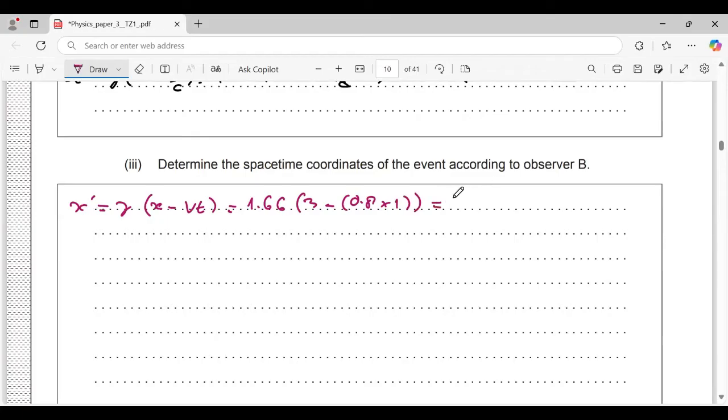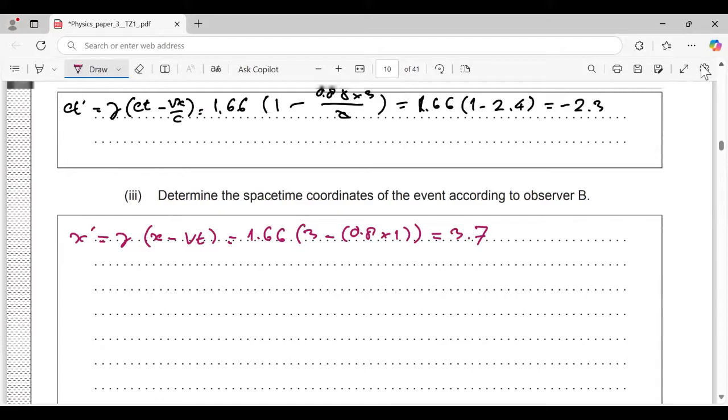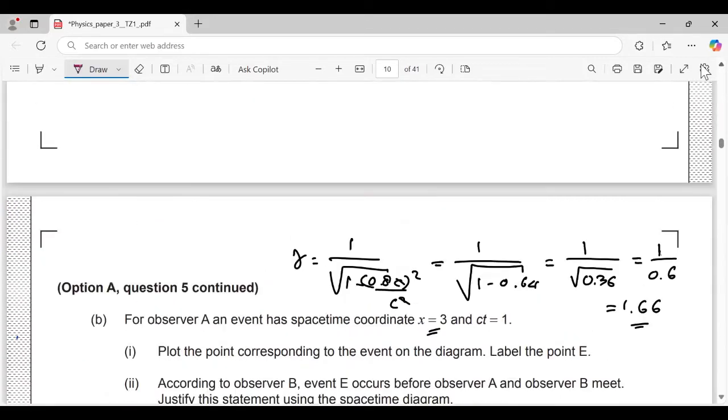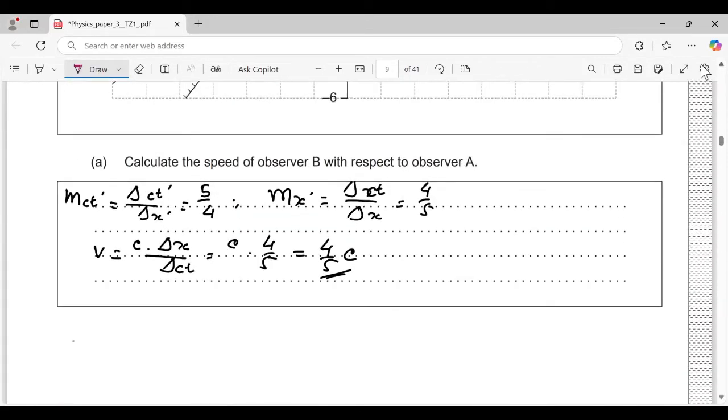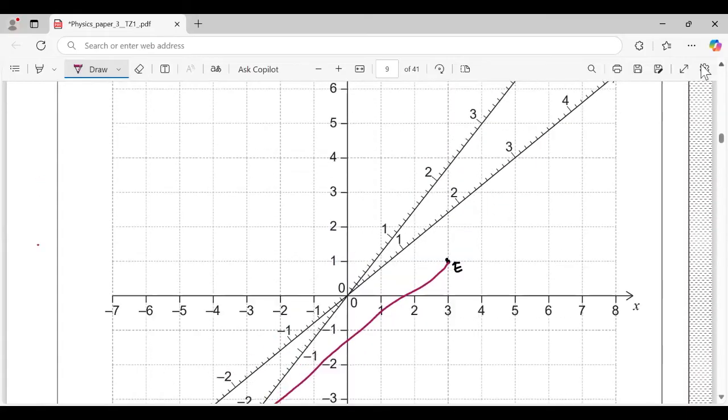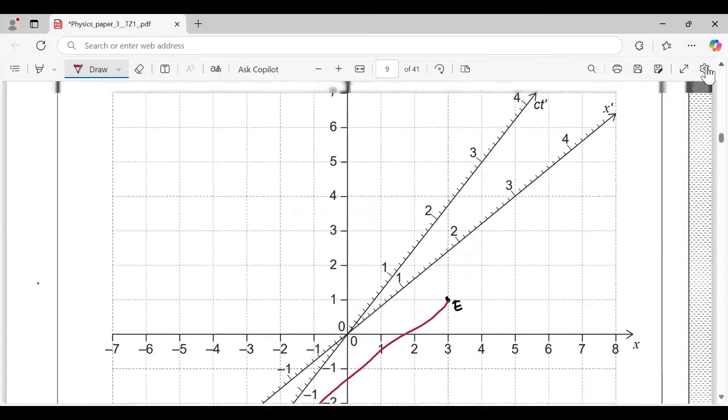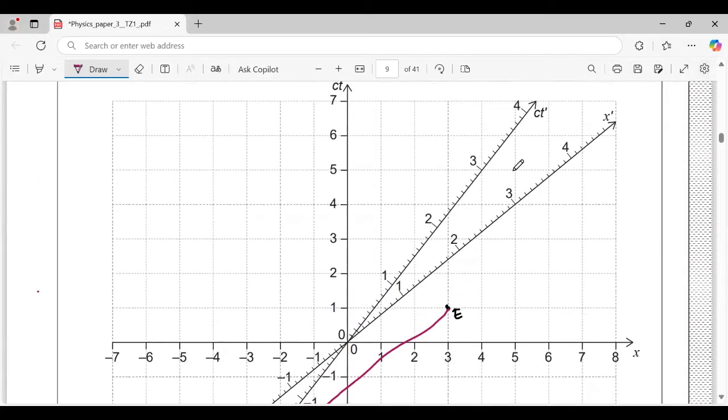And if you calculate, the result is 3.7. 3.7 on the x' axis, the strike line, is 3, 4, 5, 6, 7.